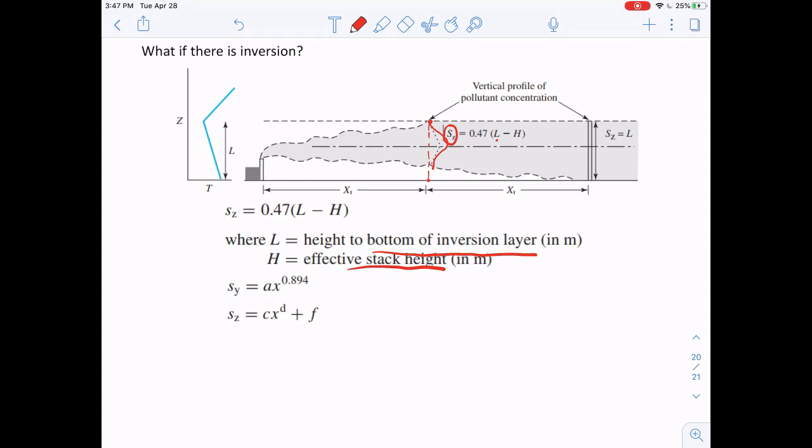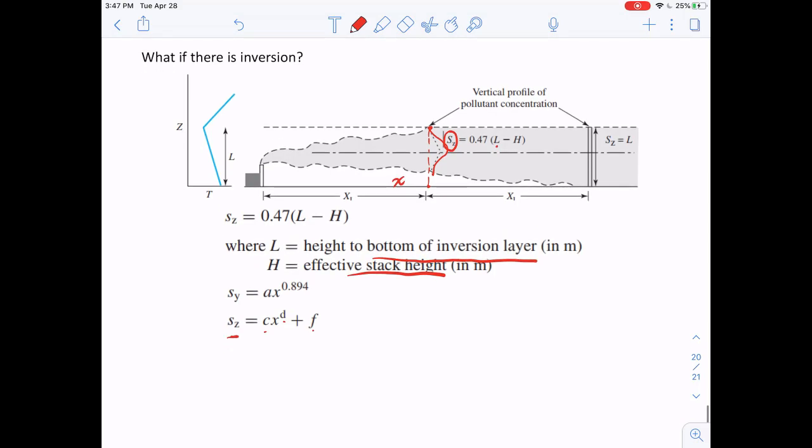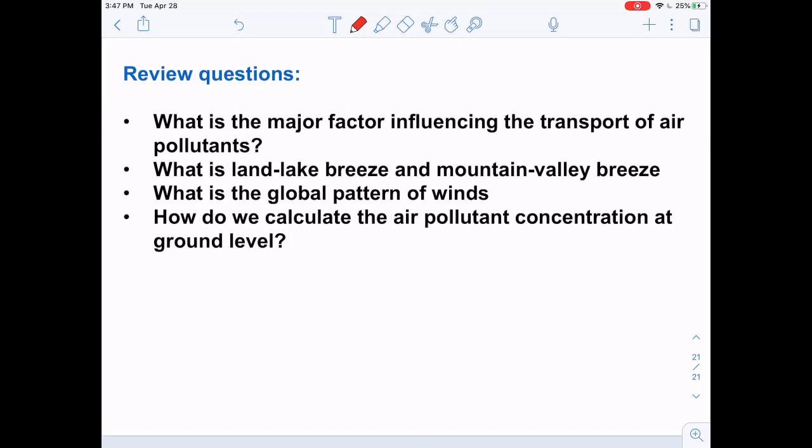By plugging in these values, we can calculate the standard deviation in the Z direction, and then by using C, D, and F, we can calculate the X location where the plume reaches the top of the inversion layer. And then we can come up with further strategies to calculate how the concentration will look under these situations. Okay, so you also have a homework problem on this aspect.